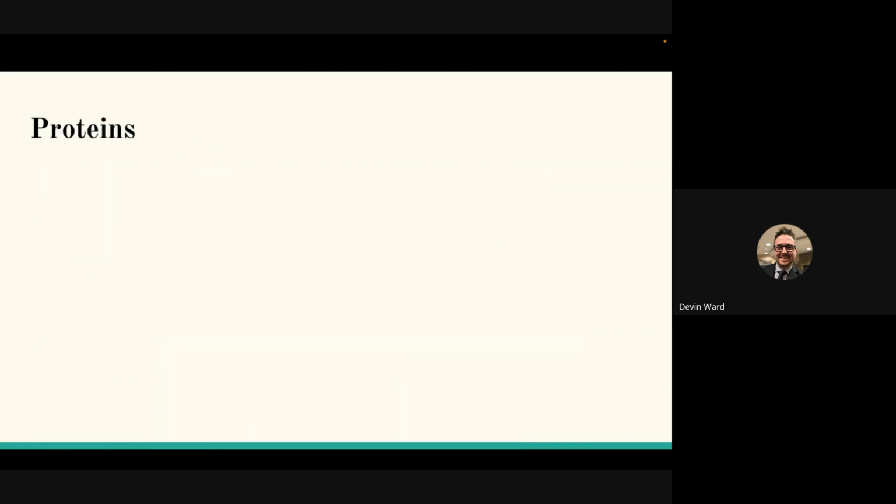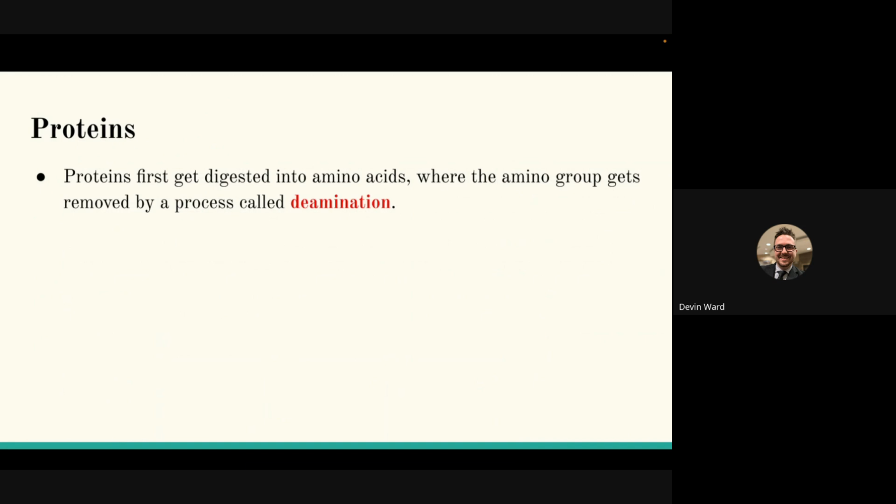So speaking of proteins, when we consume proteins, we can also get energy from them, and they'll enter cellular respiration at different stages. Proteins are first digested into amino acids. Remember, an amino acid has an amino group with a central carbon, some kind of R group that dictates what amino acid it actually is, the hydrogen up here, and then our carboxylic acid on this side.